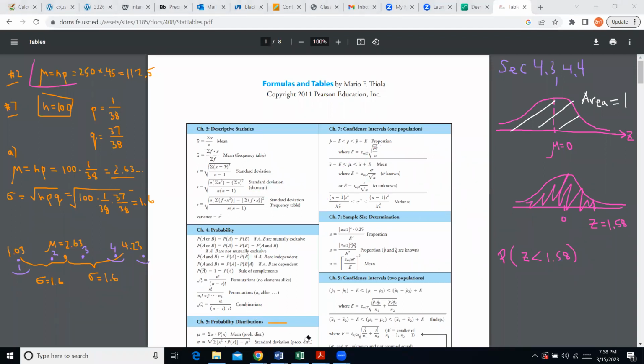So it looks like here are the tables, and they also contain some formulas that we are already a little bit familiar with. The first one is an old favorite formula to find the sample mean. Remember, x bar.